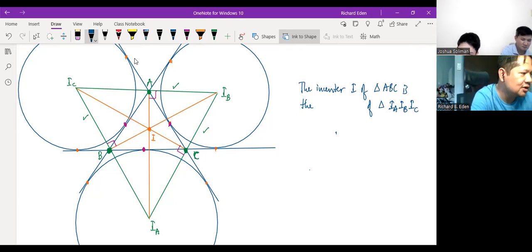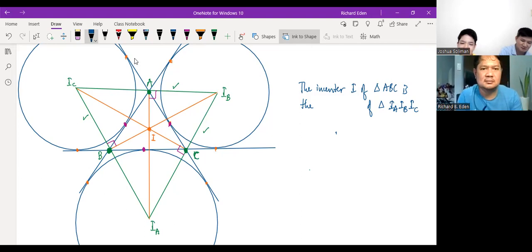I'm trying to recall if it has a name. Is it the X triangle? I don't remember a specific name for it, though it is very familiar. Anyway, IA, IB, IC, its orthocenter is also I.